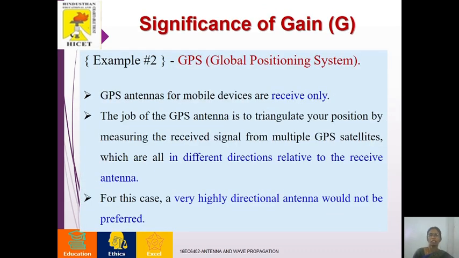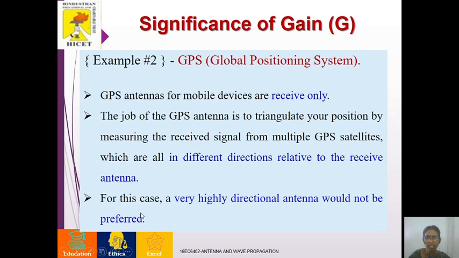Next example is your GPS antenna, global positioning system. These antennas are used for mobile devices for receiving purposes. The job of the GPS antenna is to triangulate your position by measuring the received signal from multiple GPS satellites. These GPS satellites may be in different directions relative to the receiving antenna.